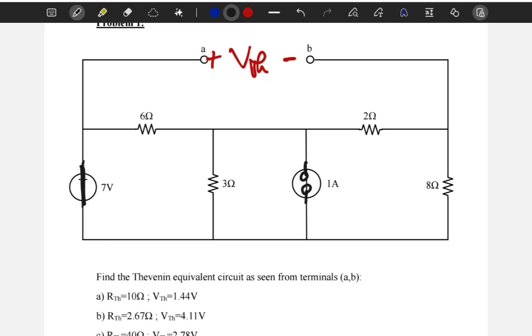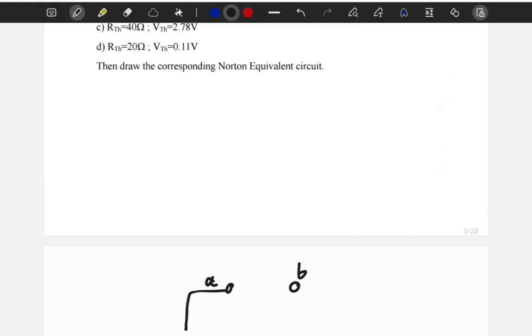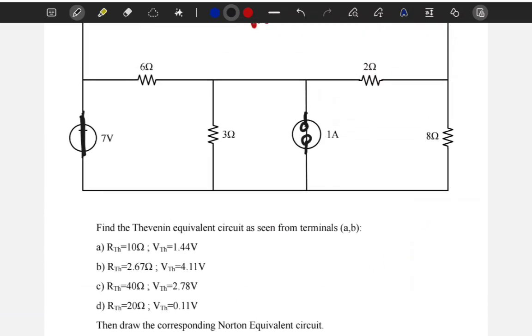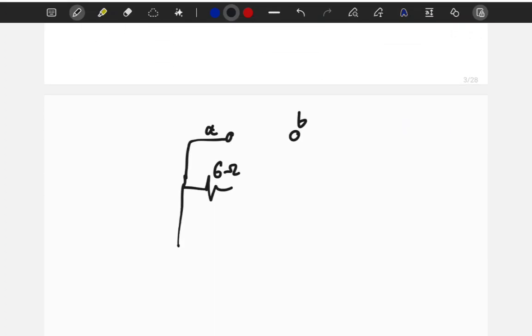So let's draw it here, A, B. We have 6 ohms. There's nothing here because we short-circuited the voltage source. Here we have a 3 ohm resistor.